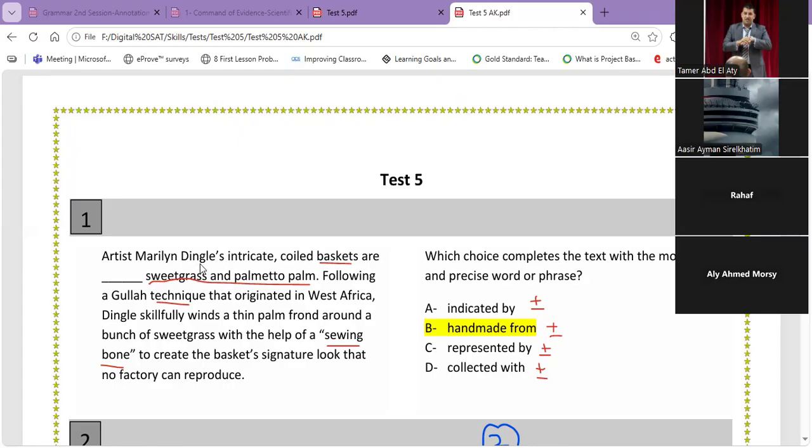Artist Merlene Dingle's intricate, which means complicated, coiled baskets are sweet grass and pimento palm. These are materials. Okay, let's go.